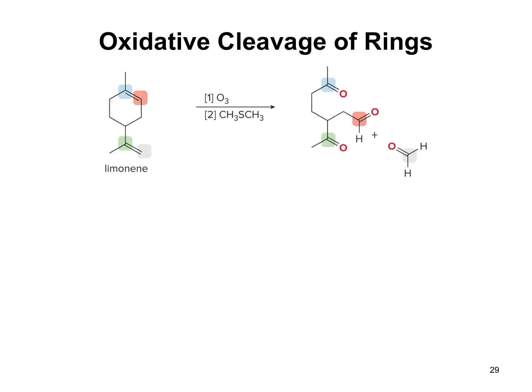This can also be used as a ring-opening mechanism. So ozonolysis with dienes here, or polyenes, which just means more than one double bond, results in oxidative cleavage of all the carbon-carbon double bonds. When oxidative cleavage involves a carbon-carbon double bond that's part of a ring, the ring opens up and you end up with a single chain with 2 carbonyls at the carbons where the double bonds were originally.